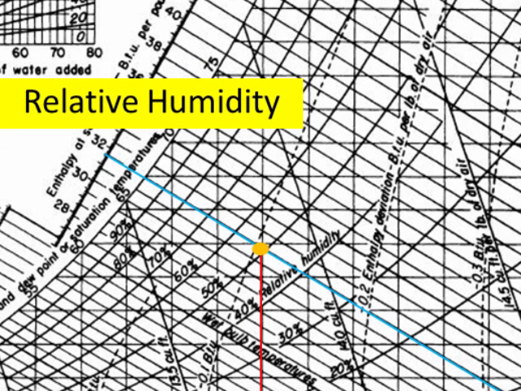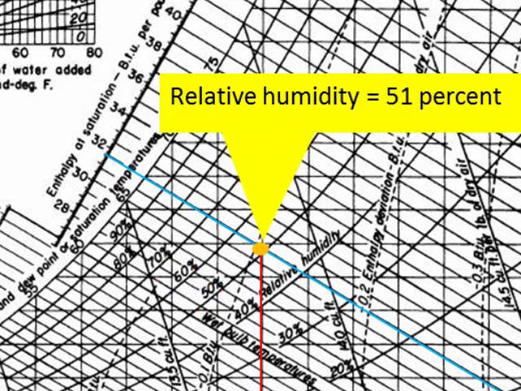For relative humidity, we see the point is between the humidity of 50% and 60%, very close to 50%, and we can read the relative humidity for the point as 51%.